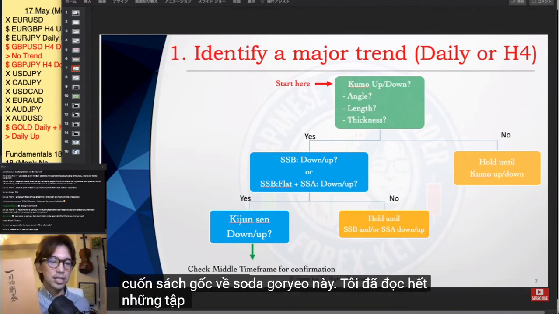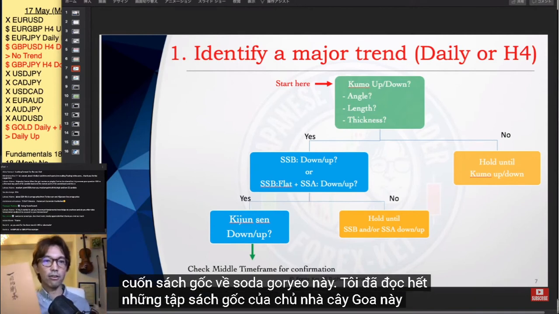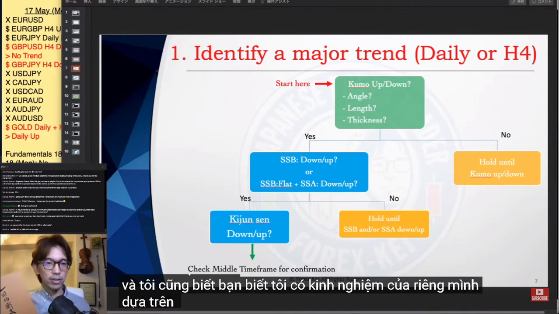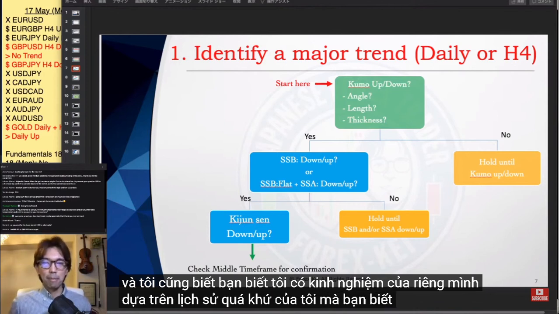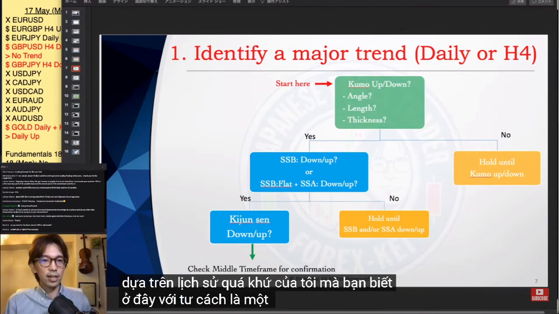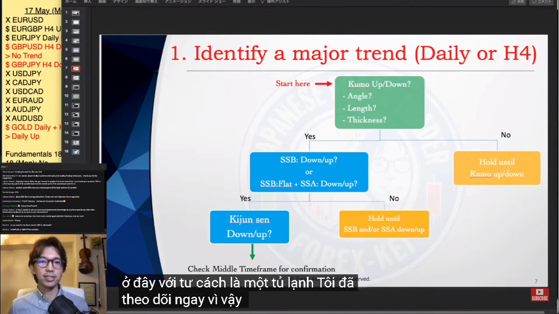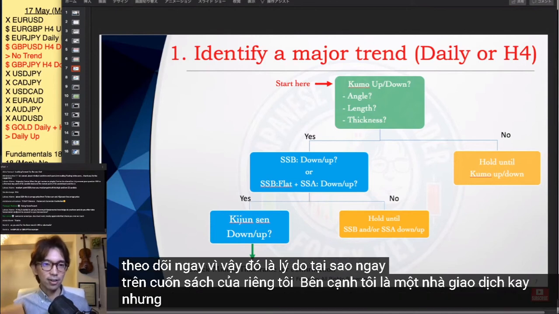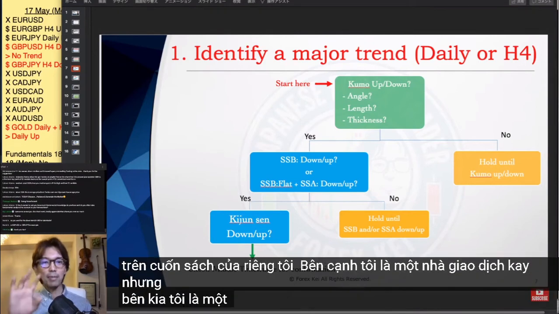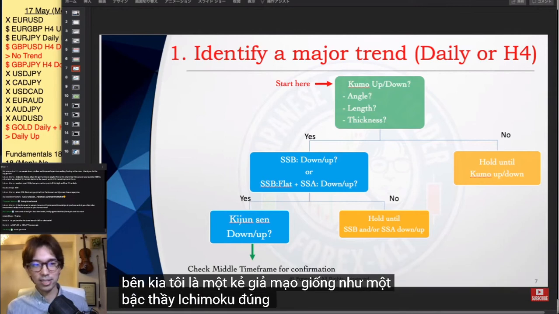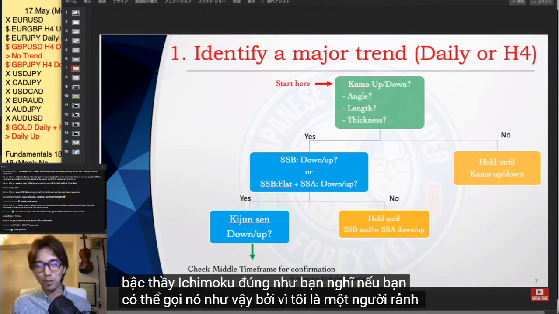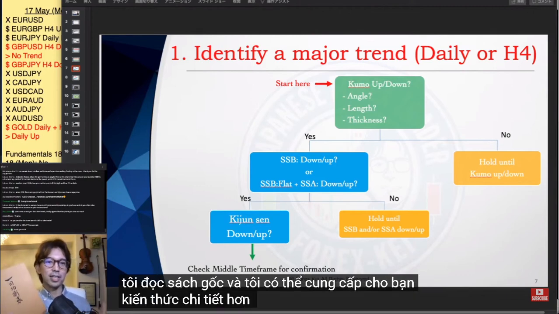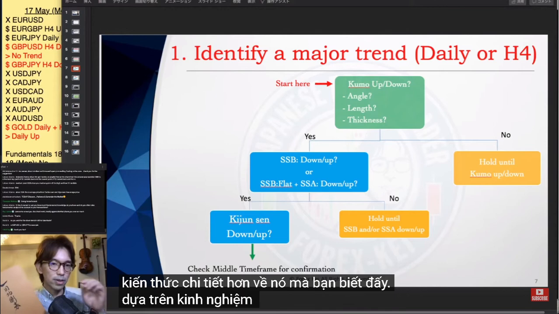I've read all the volumes of his original books, and I learned from them. I also have my own experience from my past history as a Forex trader, taking trades. So on one side I am trader K, but on the other side I am like an Ichimoku master, if you can call it that, because I'm from Japan. I read the original book, and I can give you more detailed knowledge based on my experience about Ichimoku Kinko Hyo.